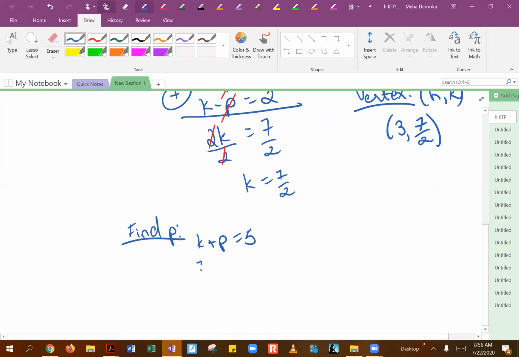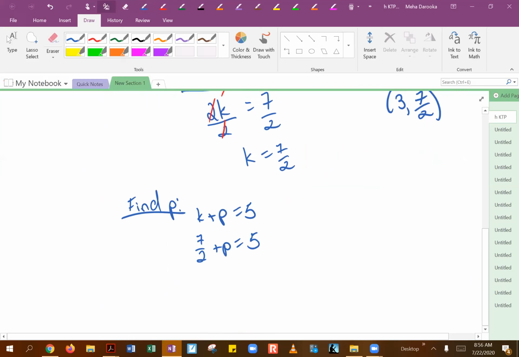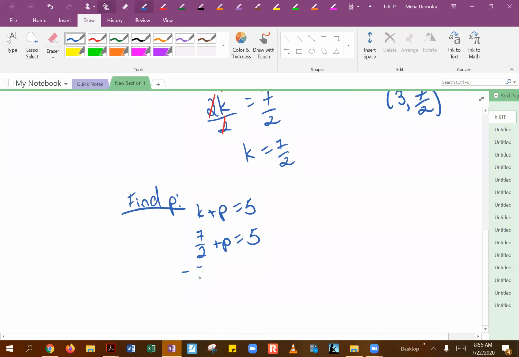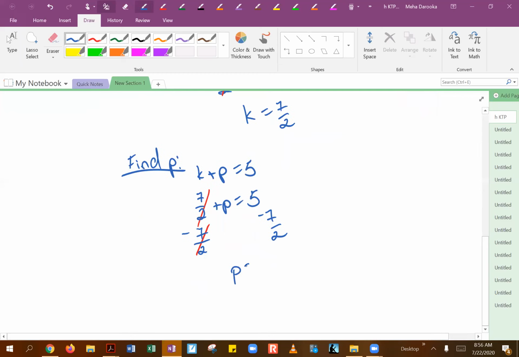We know k is 7/2, so plug that in and subtract 7/2 on both sides. What will we end up getting for p when we do 5 minus 7/2? What do you think this answer will come out to be?